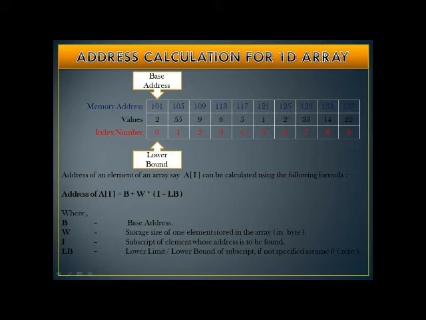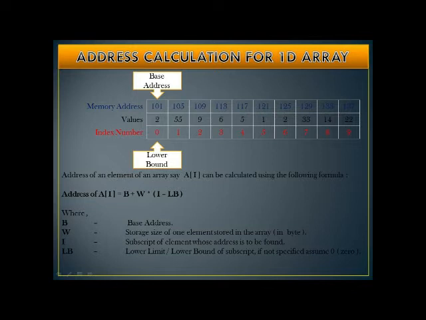That's why we can say A of 0, A of 1, A of 3, A of 4. A of 0 contains 2, written in black ink, A of 1 contains 55, A of 2 contains 9, A of 3 contains 6, and so on. The numbers in red ink are the index numbers, and the numbers in black ink are the values of the array.